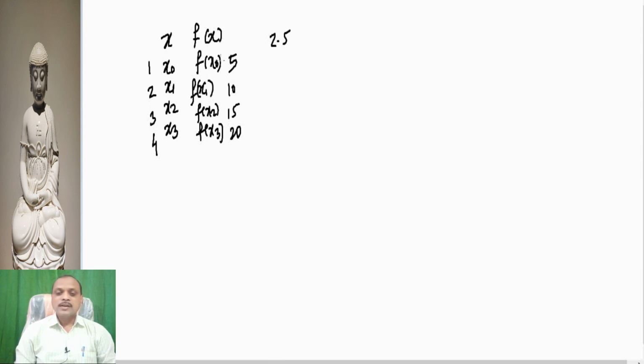Here the domain of this function is from 1 to 4, and it is not a closed interval, since it does not contain all the values between 1 and 4. But for our convenience I have written it like this. We have taken only these points 1, 2, 3, 4, not all the points between 1 and 4.